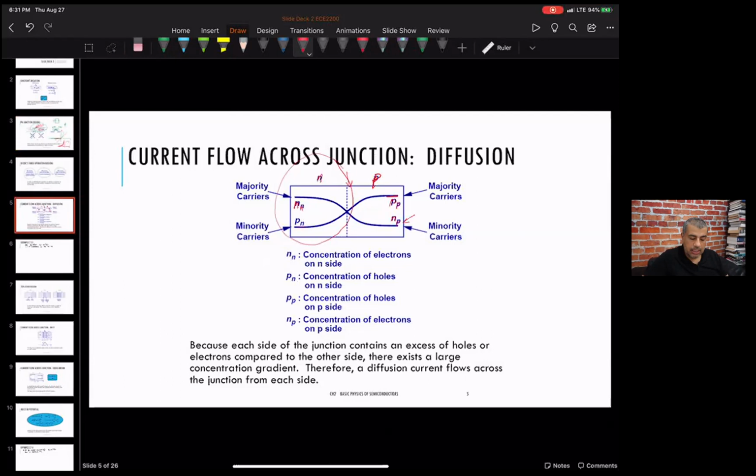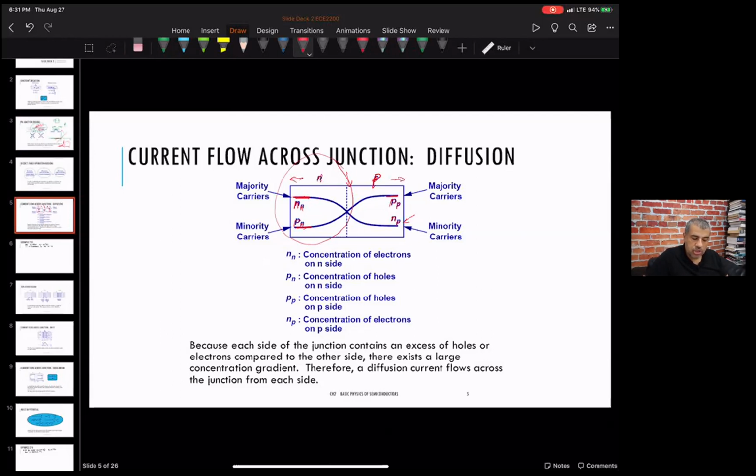And in the N-type material, the holes are the minority carriers, so you have P sub N. Because you need a smooth transition, this is the case on the extreme edge of the N, and on the extreme edge of the P.